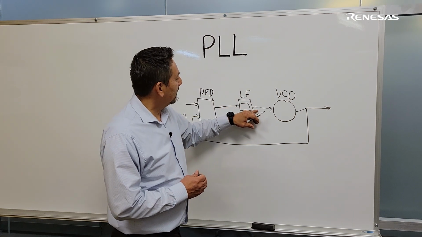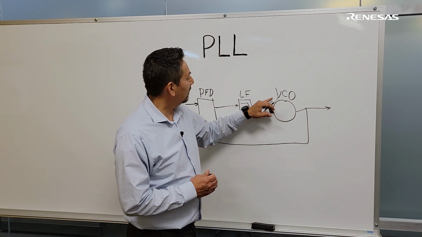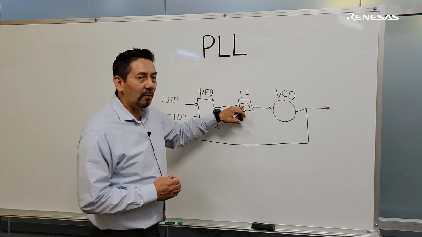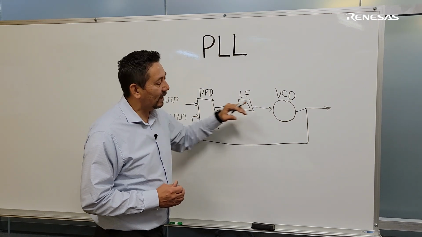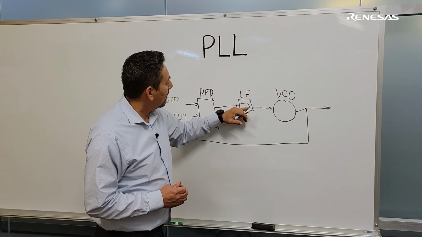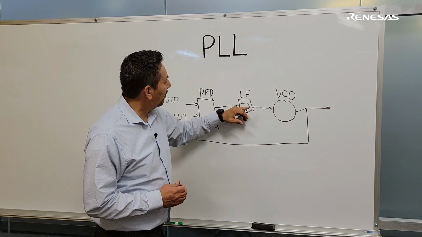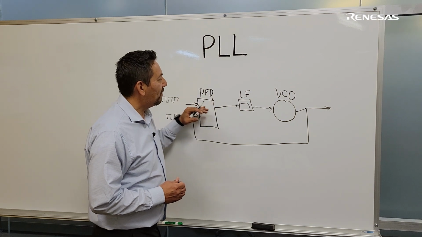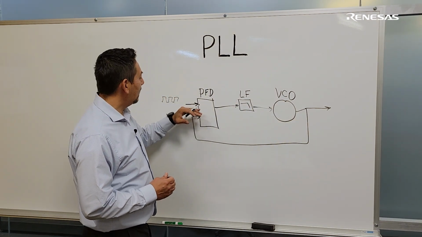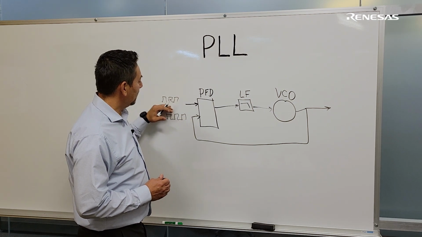The loop filter is then sending a voltage to the voltage controlled oscillator, and it's setting the profile of how fast this PLL is responding. The higher the frequency of this cutoff low pass filter, the faster the PLL is able to respond to any fluctuations in the incoming signal.